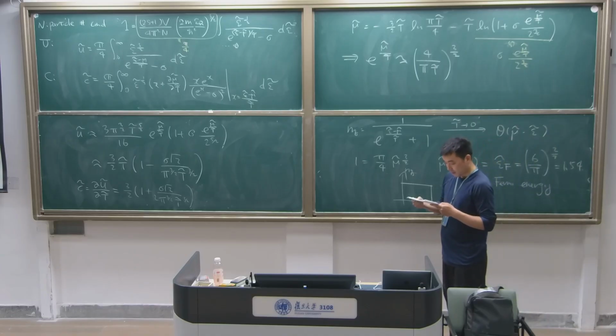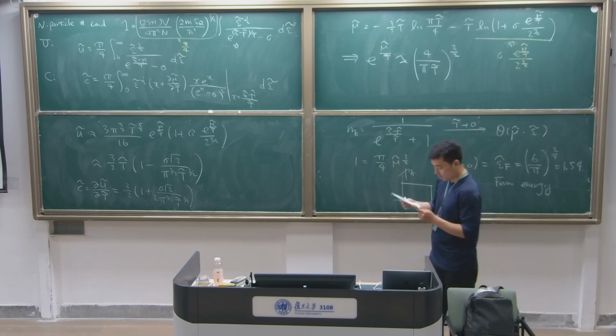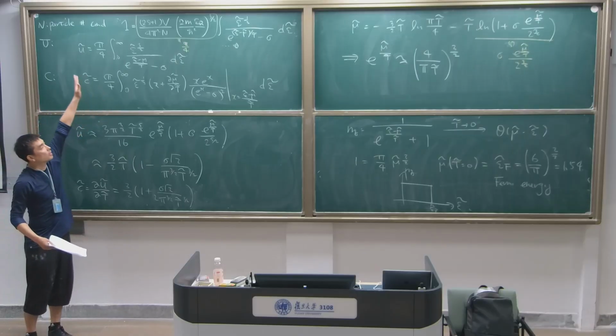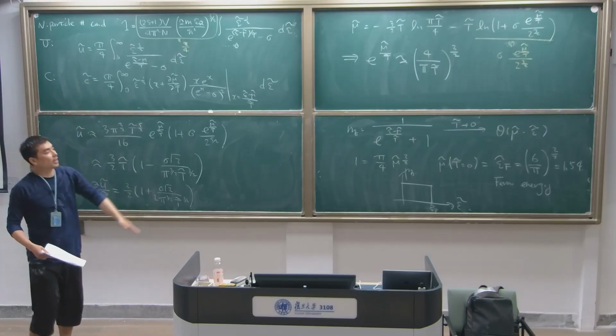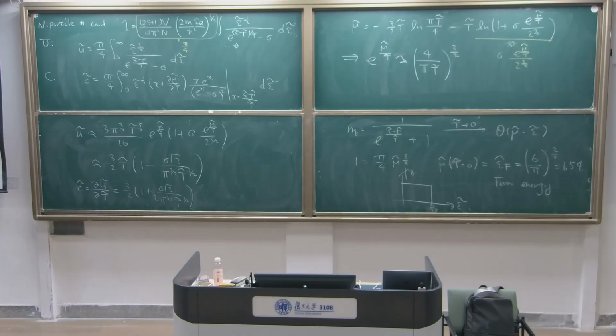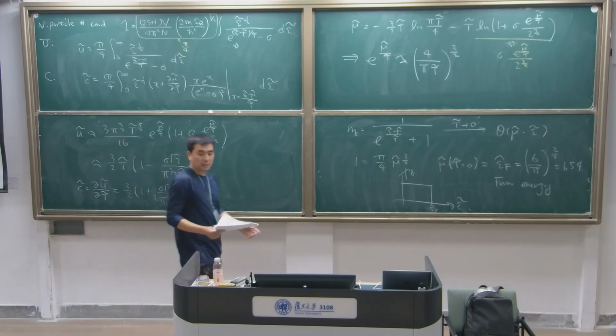For fermions we can just use this relation, and the low energy approximation will describe all this behavior around low energy in the next lecture. Okay, let's stop here.